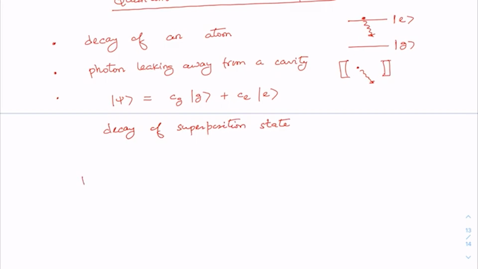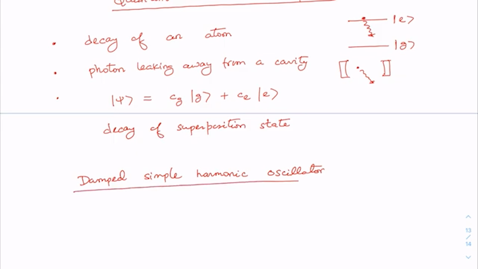So let us consider the case of a damped simple harmonic oscillator, and we'll see how decays are taken into account in such a simple system.